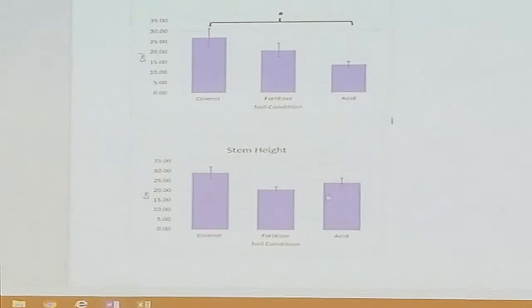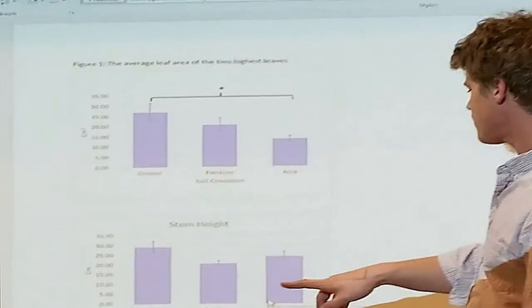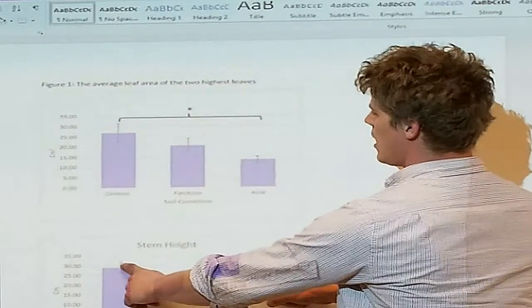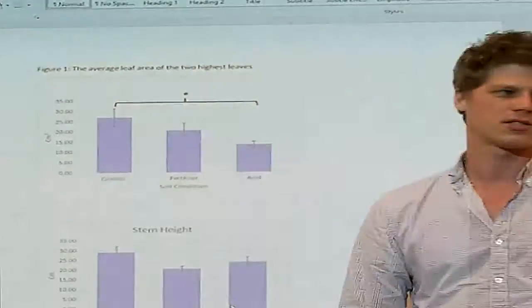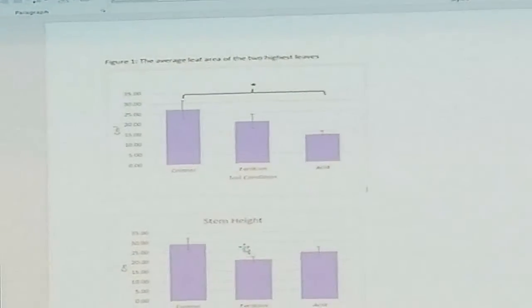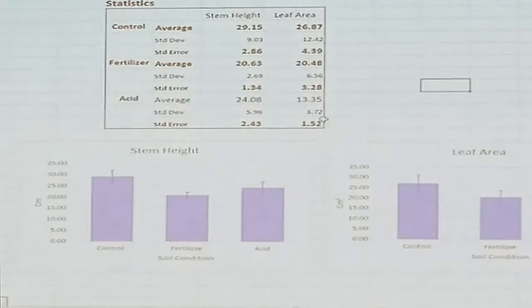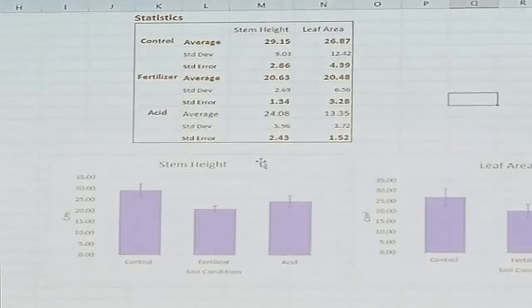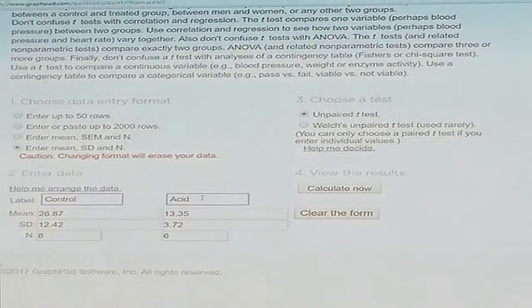All right. The one comparison we didn't do yet is the difference between these two, and I'll bet that these are even statistically significant as well. Actually, let's just go ahead and do that so you don't have to do it when you go home. All right, and then I'll know what I'm looking forward to. Okay, so the last one we're looking for is stem height between the control and acid.